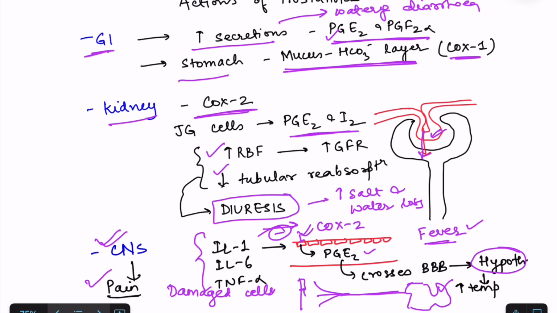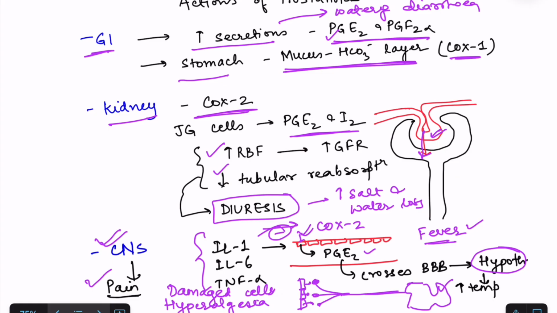Understanding? So this is the damaged cell, and here prostaglandins are released and they act on these nerve endings. So they are sensitizing the nerve endings. In fact, they are responsible for hyperalgesia. Hyperalgesia. Okay, so a very small stimulus will also cause very high pain in the area of the tissue which has been damaged. So that is hyperalgesia.